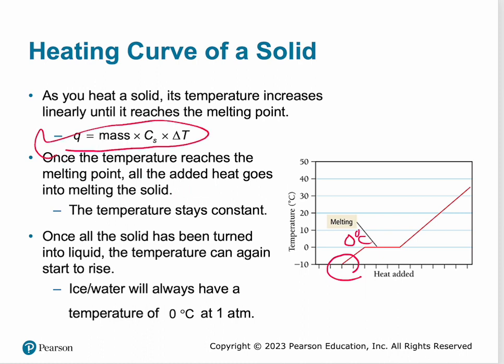We're going to look at Q, the energy, which is equal to the mass of water, if we're using water, times a constant, which is given to us, times the change in temperature. Once all the solid has been turned into liquid, we're going to heat that and then we're going to get steam. There are some more pictures of this later on during the slide presentation.